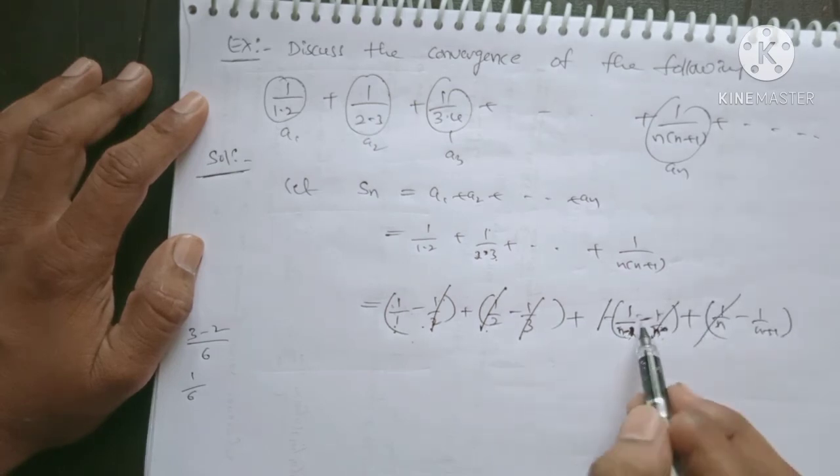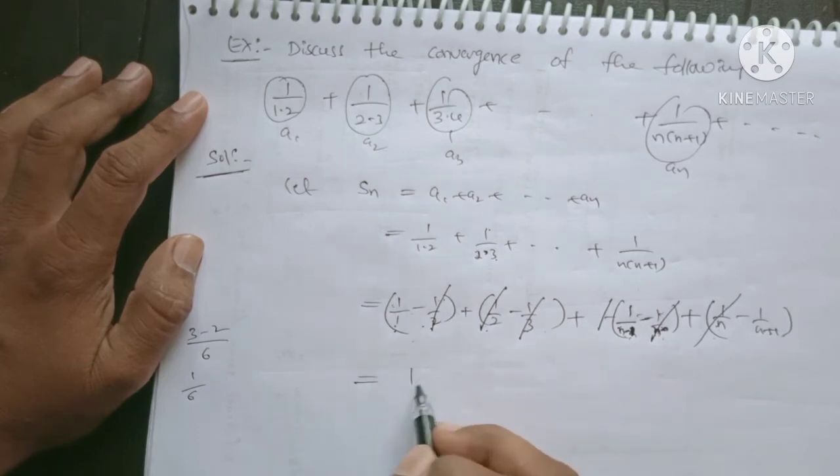This will be cancelled, so the term before 1 by n will be cancelled. Finally we get 1 minus 1 by (n plus 1).